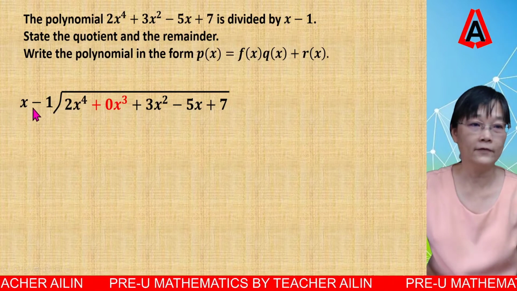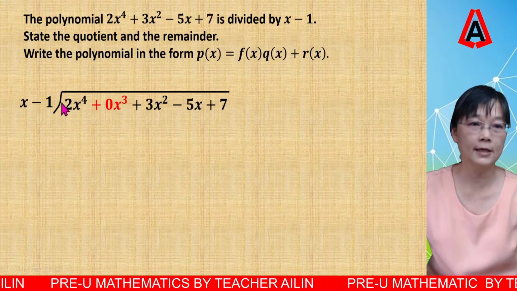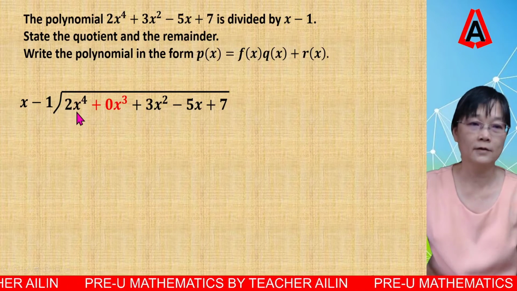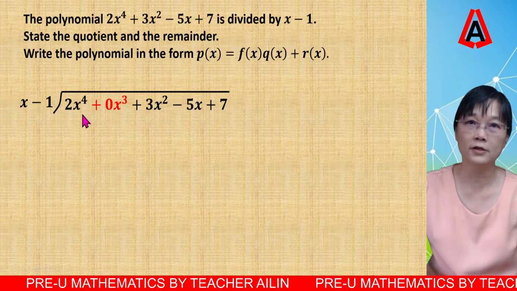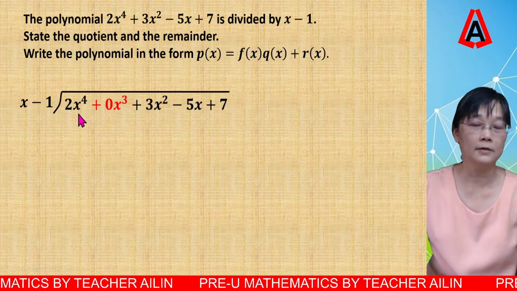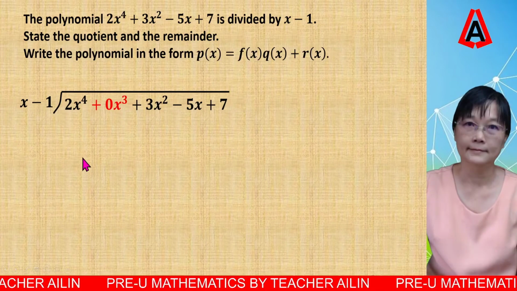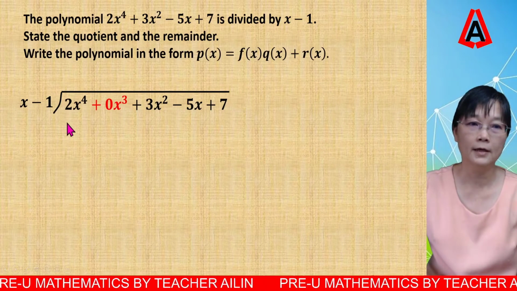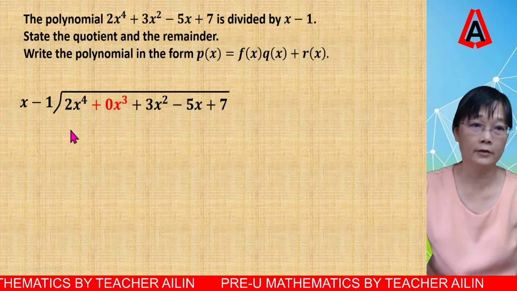We start from the first term of the divisor and the first term of the polynomial. Each term consists of the coefficient and x, so we will do it one by one. Now we start from the x. We know that the divisor multiplied by the quotient gives the polynomial.